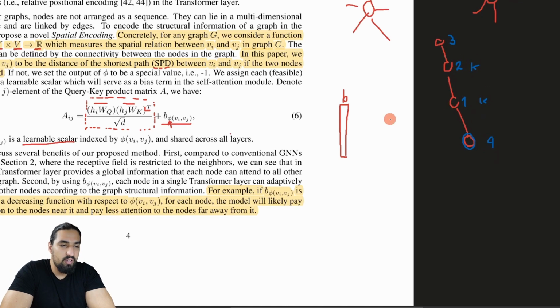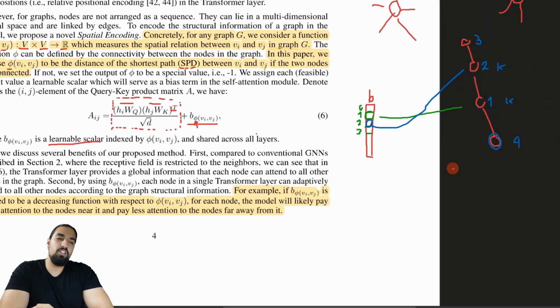For this particular node here, we'll be adding, let me just change the color. So this is 0, 1, 2, 3. So for this one, we'll be using exactly this scalar. Then for the second one, we'll be using this scalar. So now you can imagine that this can help us learn some interesting stuff.